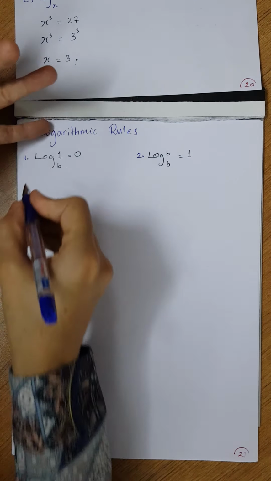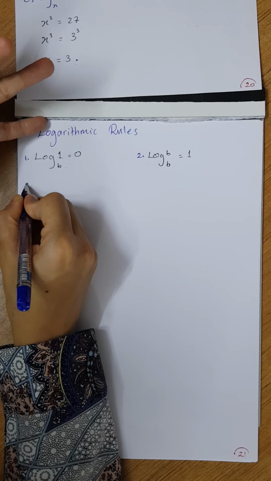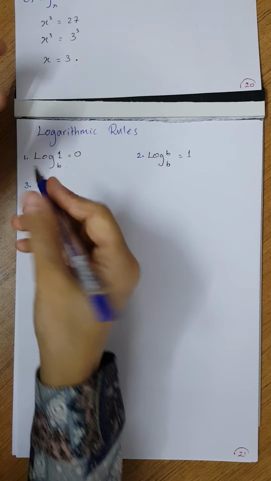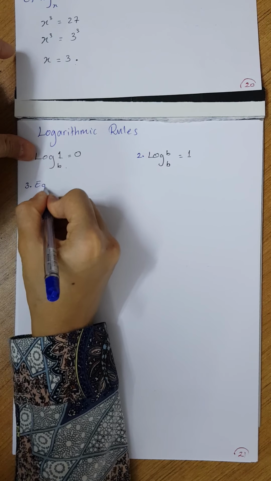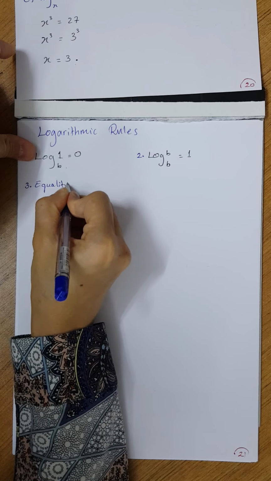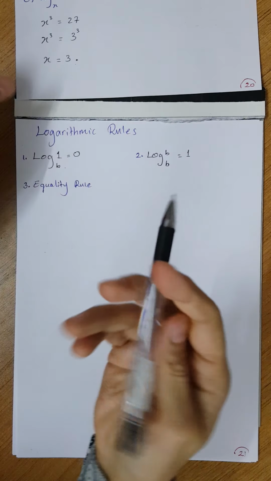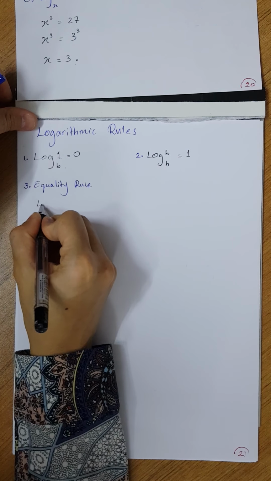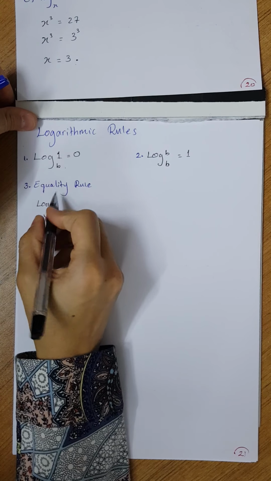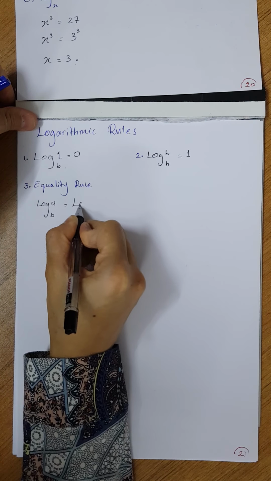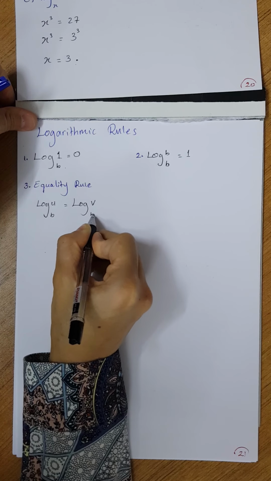The third one is called the equality rule. Logarithm of u with the base of b is equal to logarithm of v with the base of b.